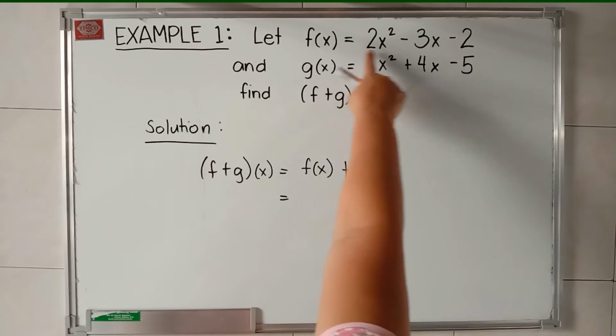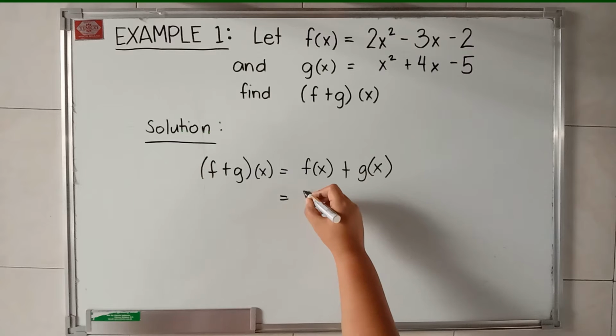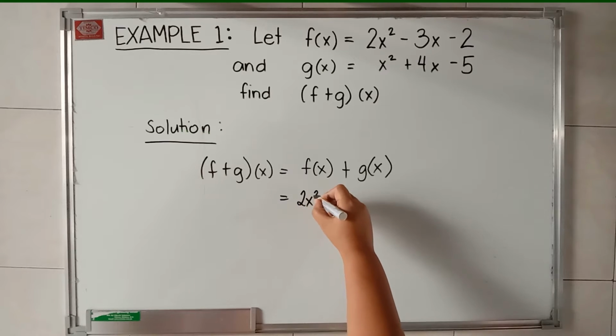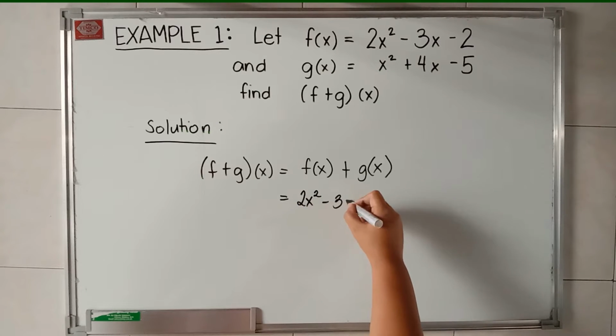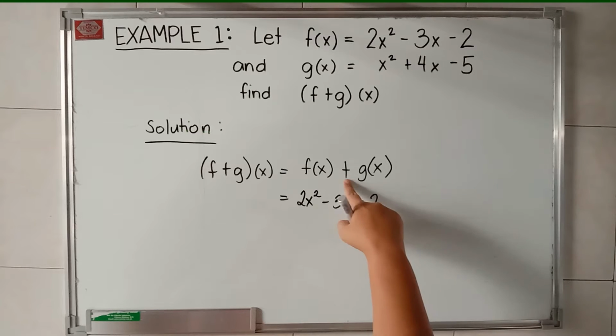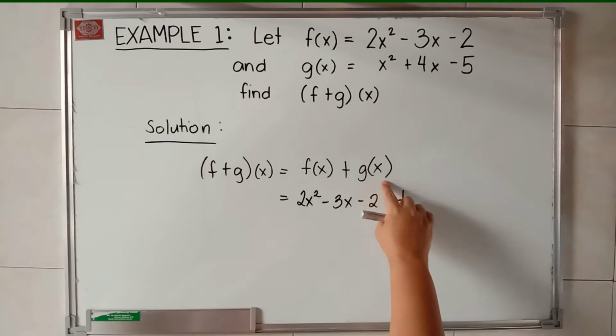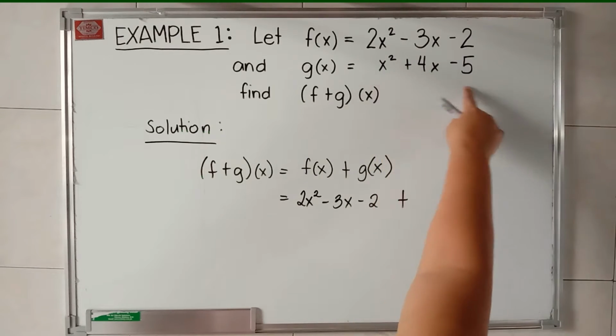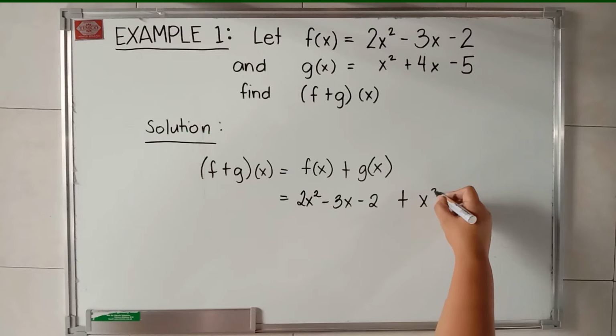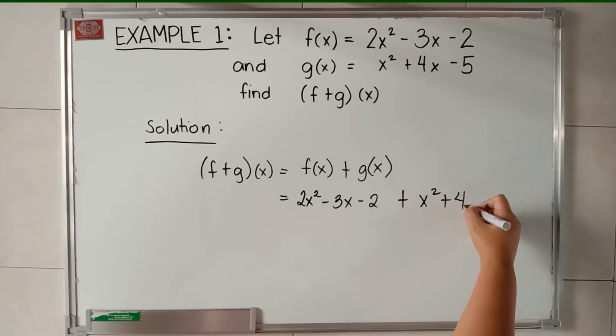So substituting the value of f of x, we have 2x squared minus 3x minus 2 plus, substituting the value of g of x, we have x squared plus 4x minus 5.